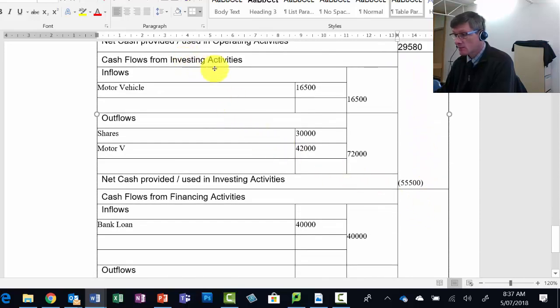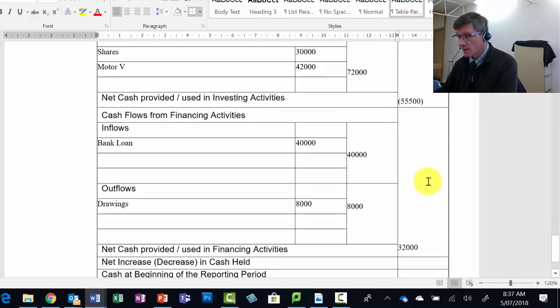Similarly, in my investing activities, I had 16.5 in and 72 out. So what we do in accounting is to indicate minus figures with brackets around them. That's why this figure here, that minus that gives us a minus 55.5, so an outflow, but we recognise that with brackets. That means that it's a minus.